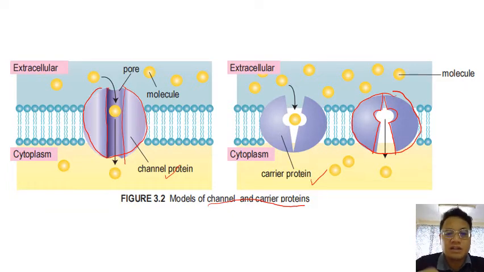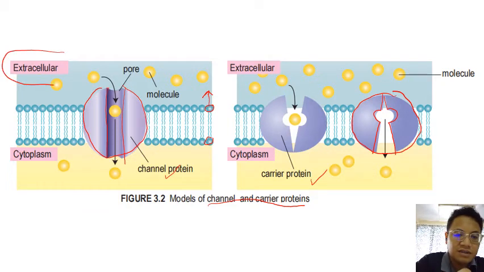Notice that in the phospholipid bilayer, the polar head is either facing the extracellular or the cytoplasm. So the head is always facing cytoplasm or extracellular. Whereas the tails form a barrier like this.